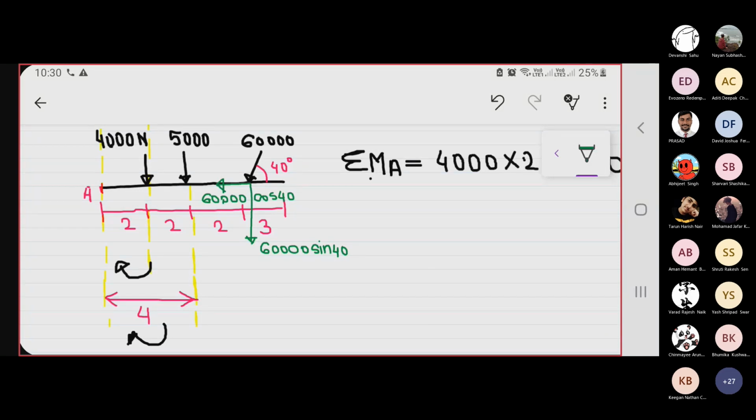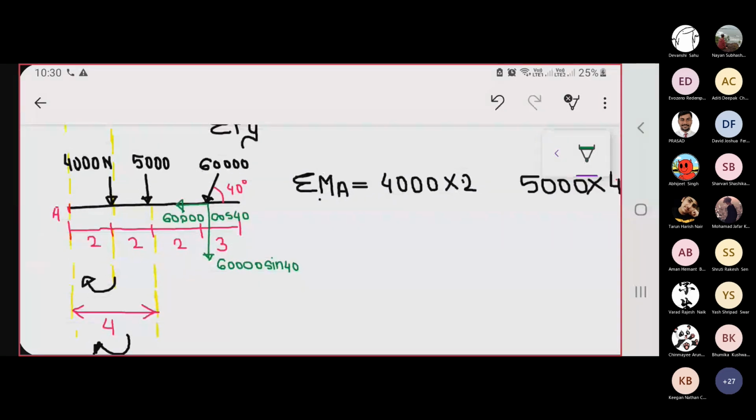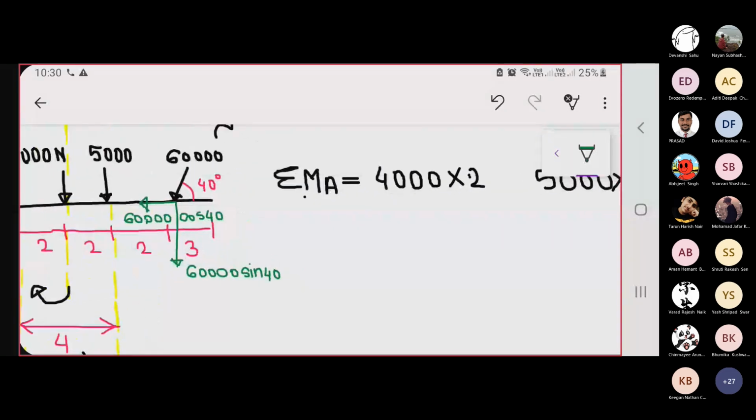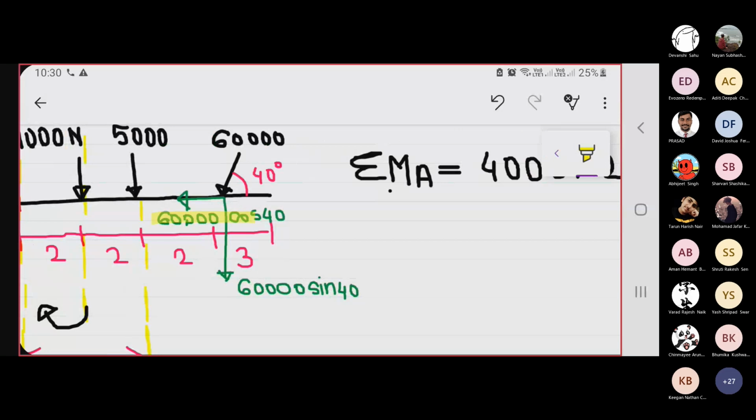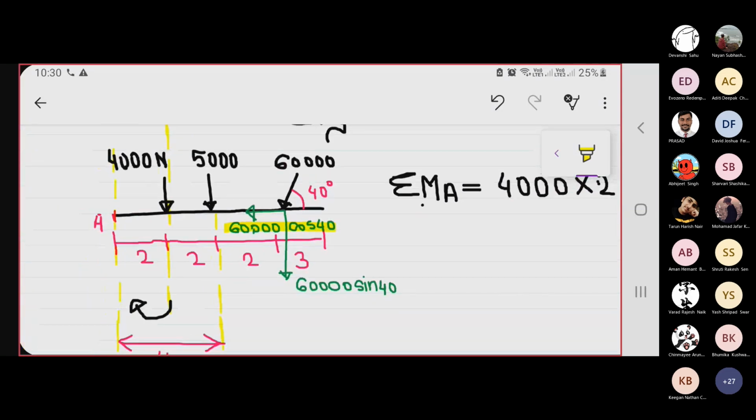Okay, so this is our case. Last, remember when force is at a point at an angle, you have to draw its component along the line of that beam. So automatically the 60,000 cos 40 is passing through point A, so it won't have any moment. So remaining will be this 60,000 sine 40. How much distance is it from A? Let's find out.